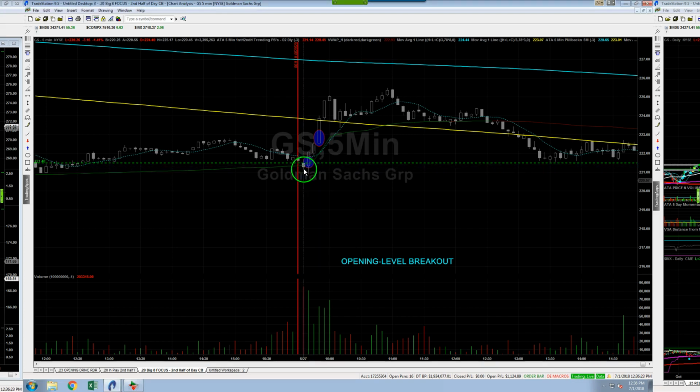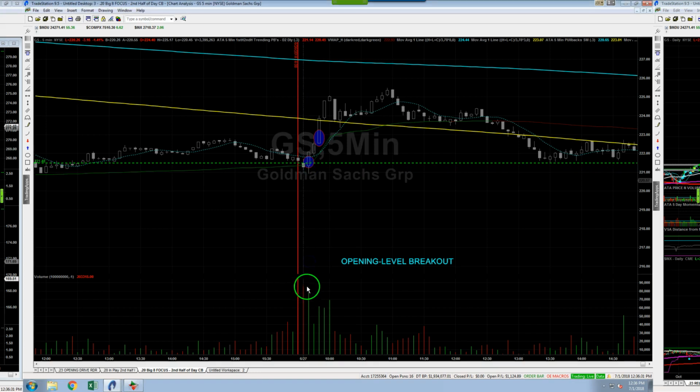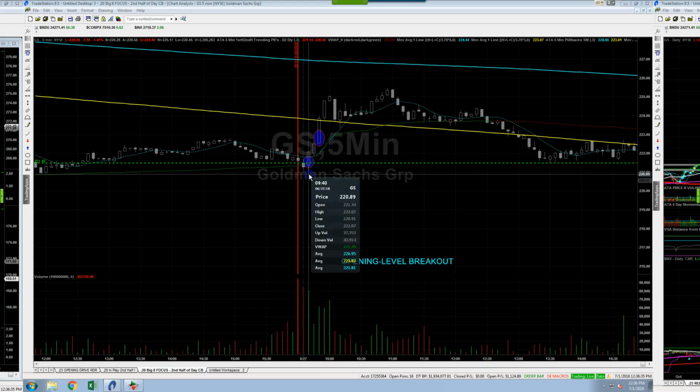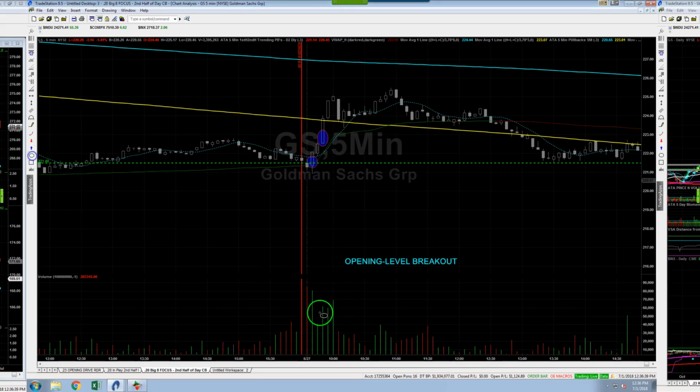It fades for the first 5-minute bar, fades again on that second 5-minute bar, and then the volume returned, guys. We continued to fade a little bit lower, but as you can see by that volume right there, and the volume is always so key and so telling, the buyers came back in and they pushed Goldman back up, and it actually recrossed that 221.48, guys.